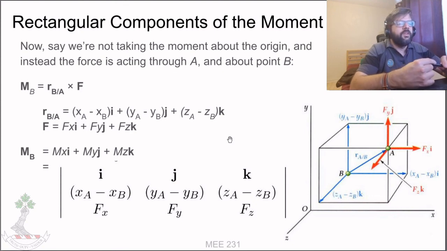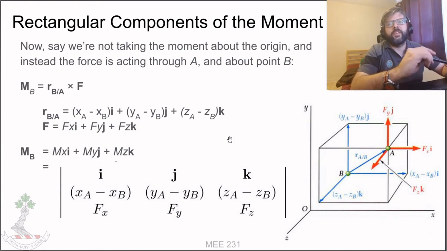Now, let's assume that we're not necessarily measuring from the origin itself, but instead we have a force acting at a point, and we want to figure out what sort of moment it would cause, what sort of tendency it would cause for the object to rotate about a different point.